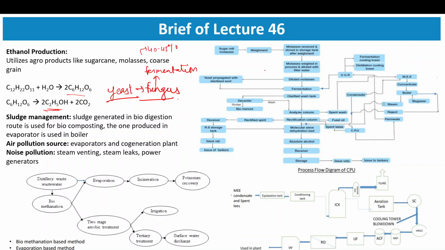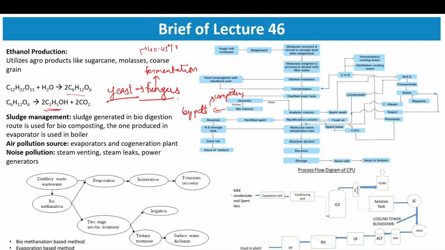The sugarcane, which was converted to molasses, is a natural product, so it is biodegradable in nature. The sludge obtained can be used as manure or biomanure. That byproduct is used for composting.